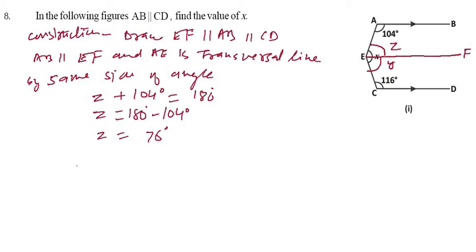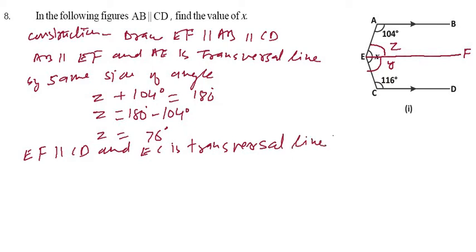Once again, EF parallel to CD and EC is transversal line. So by same side of angles, what will happen?